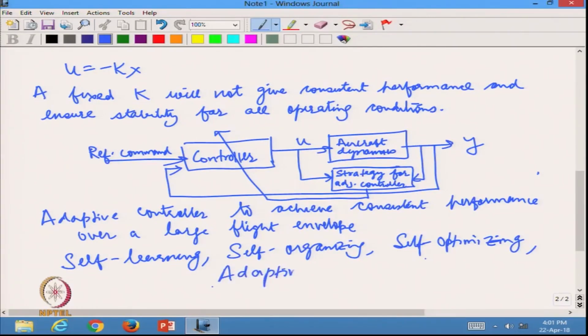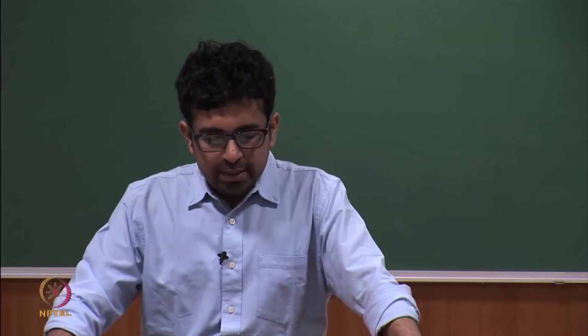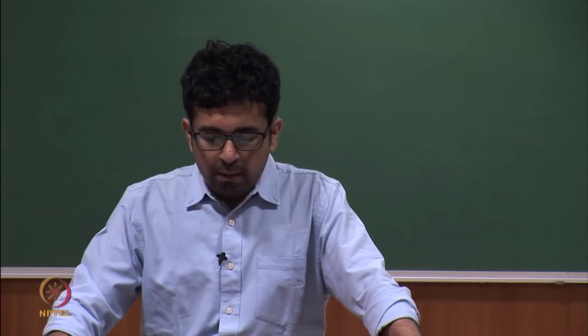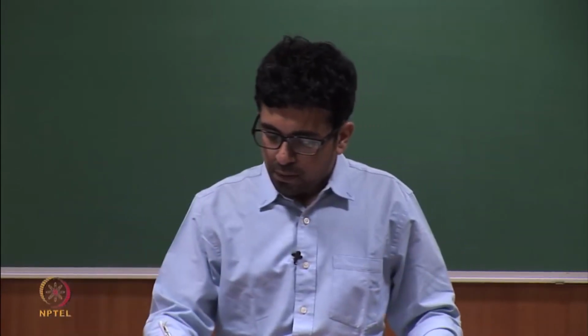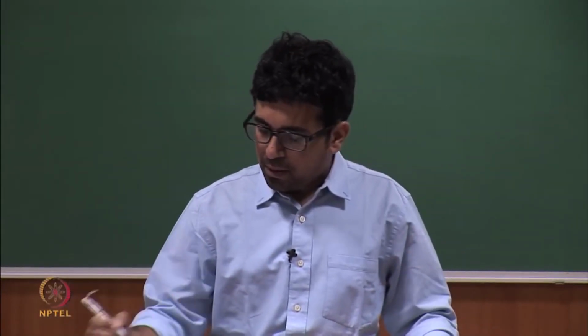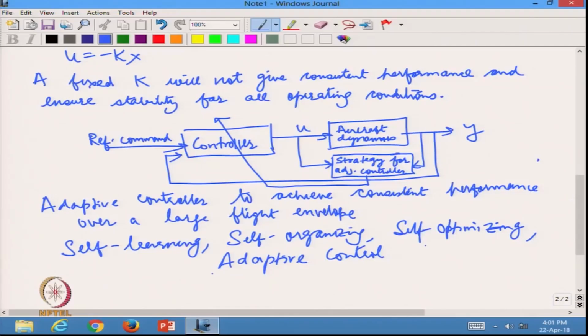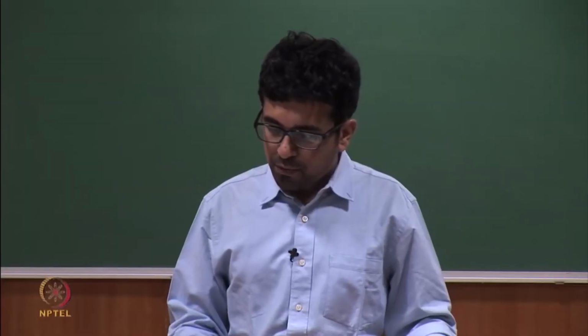All these terms were used to refer to the same kind of controllers which would automatically adjust their control parameters for different plant parameters. Okay. So, that was a basic motivation for adaptive control.